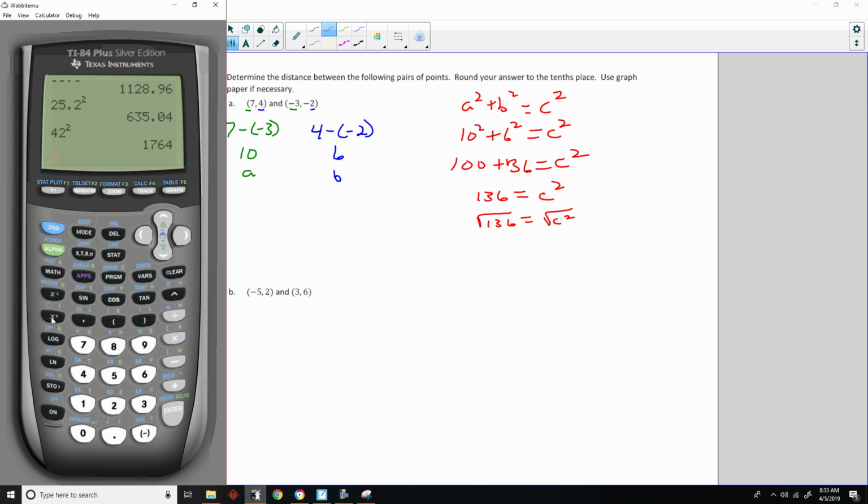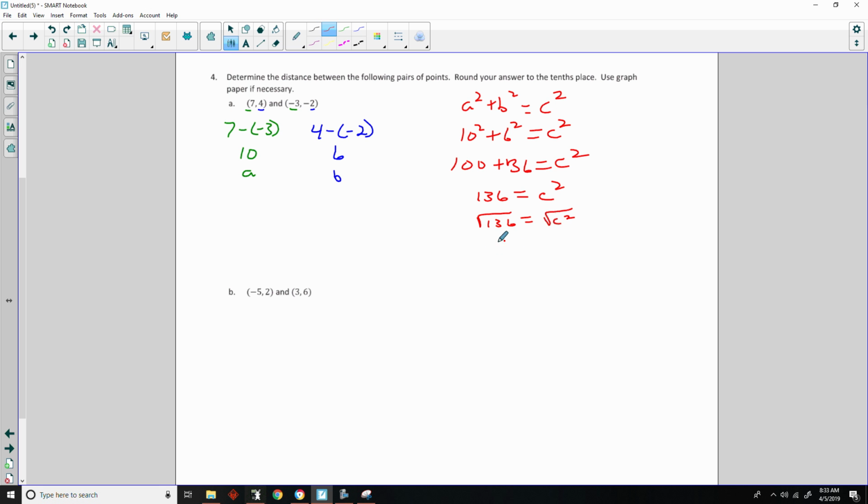And if I take the square root of 136, it's going to be 11.66, approximately. So c is approximately 11.66 units. Round your answer to the nearest tenth place. Okay, always read the question when you're done. Make sure you're answering the questions. 11.66 rounds to 11.7.